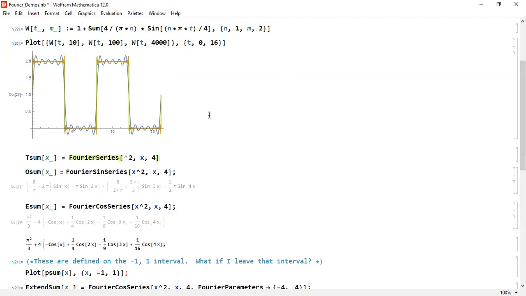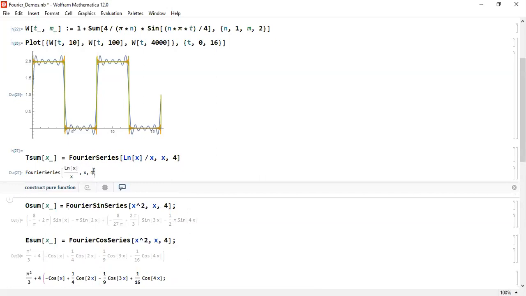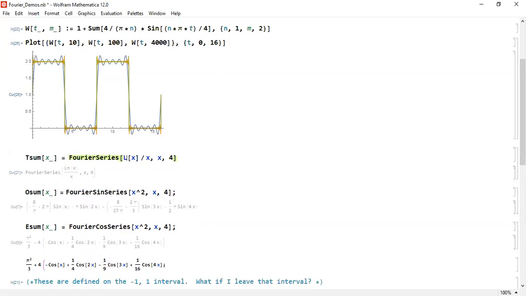Okay, super gross. That's a great one, because I have no idea what this thing is going to do. So we'll do ln x over x. Great suggestion. And I've got to stay away from it blowing up. So let's see what it does. Yeah, it doesn't even want to evaluate it. Oh, sorry, Log, that's why.